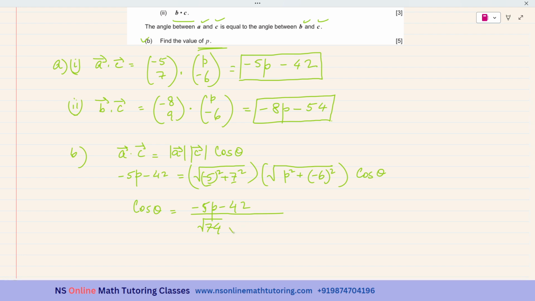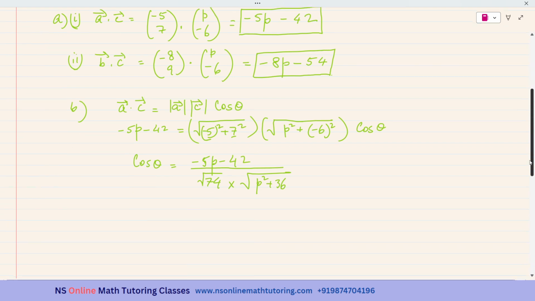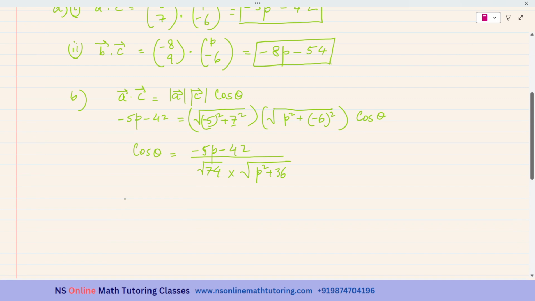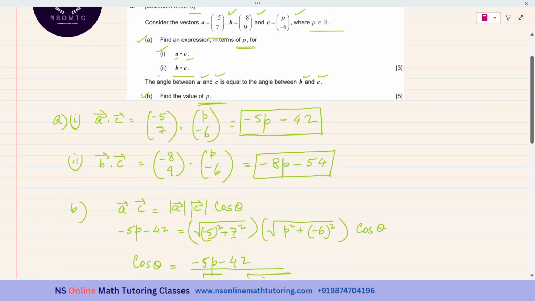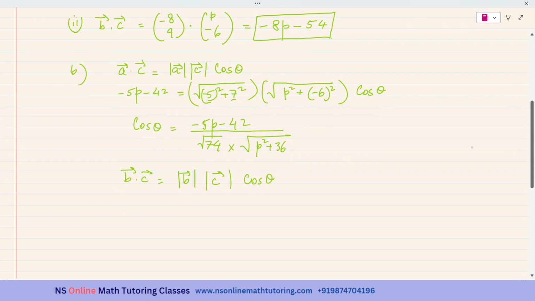And this one is the square root of p squared plus 36. Okay. And from B dot C, this is equal to the magnitude of the vector B times the magnitude of the vector C times cos theta. And because the angles are the same, the cos theta values will also be the same. I have taken theta for both the cases because the angle is the same.